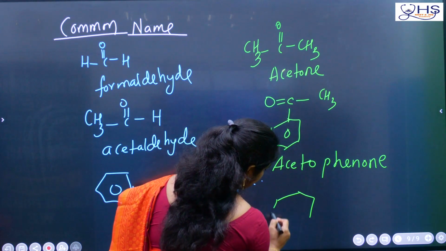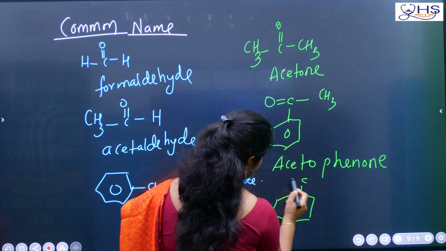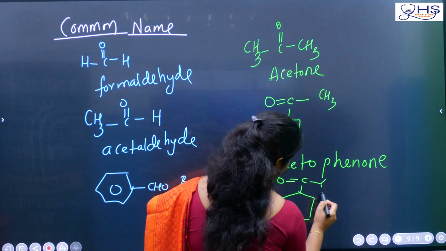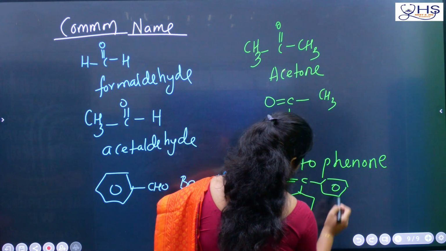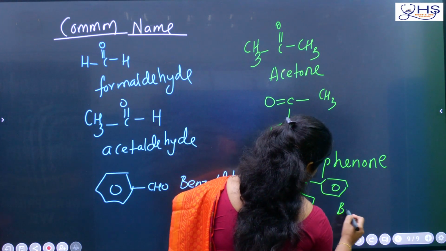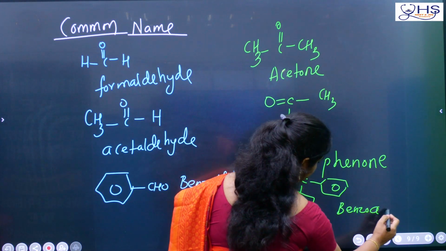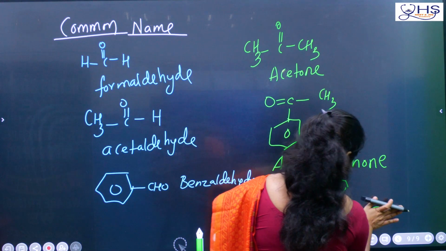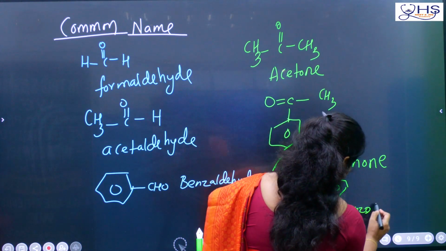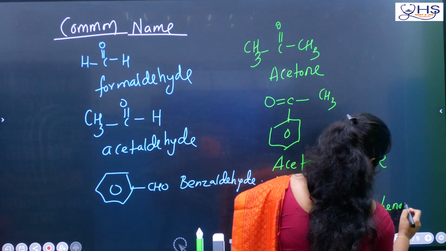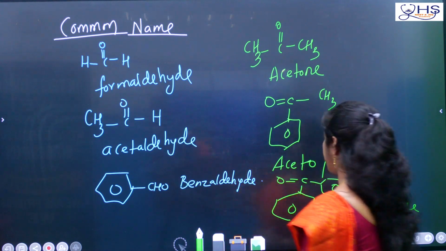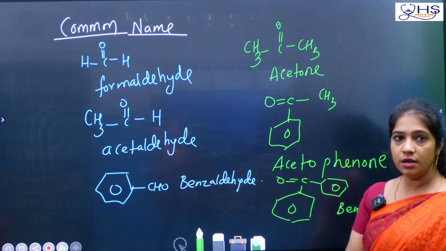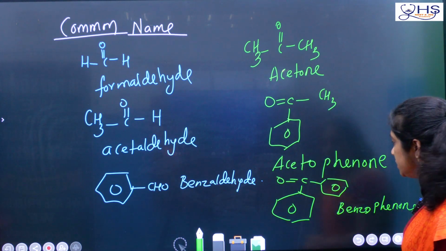Instead of that CH3, even if I write one more benzene ring, it will become benzophenone. So acetophenone, benzophenone, acetone: these common names you will frequently see in your paper, textbook or other sources.